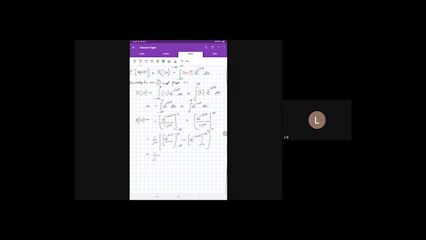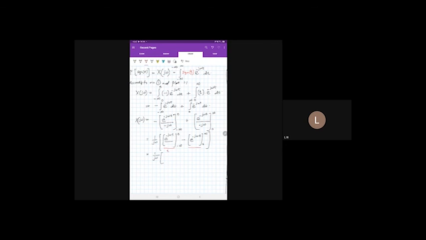So this will take us to the next step: X of j omega will be equal to 1 by j omega. Now see, in order to apply the limits in this equation, we have two terms. One is the first term and another is the second term.